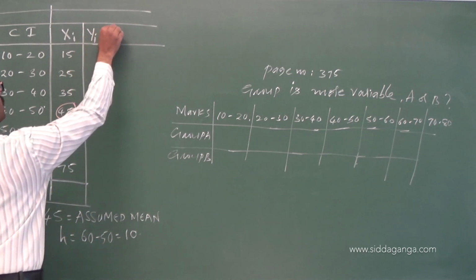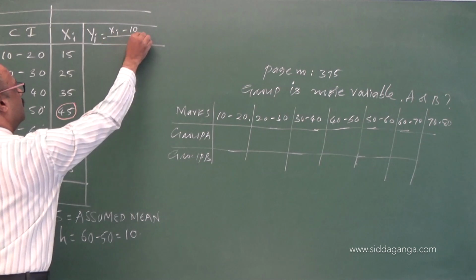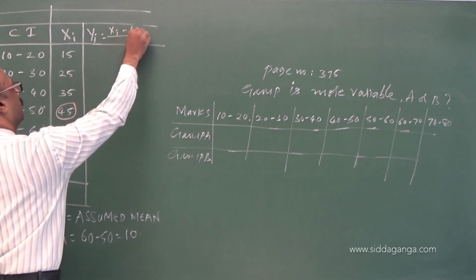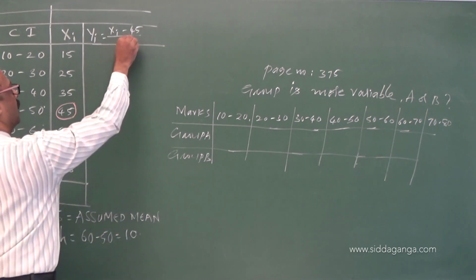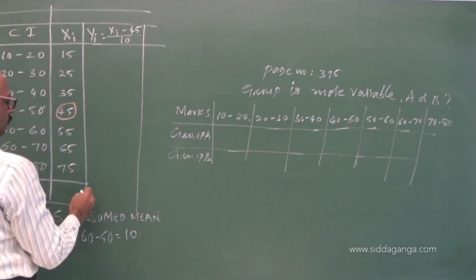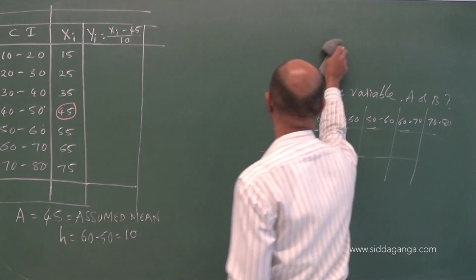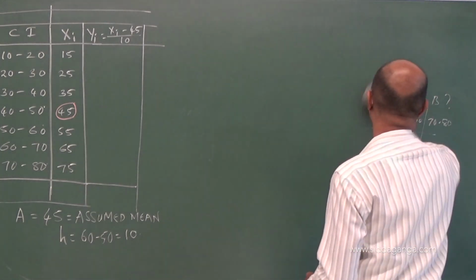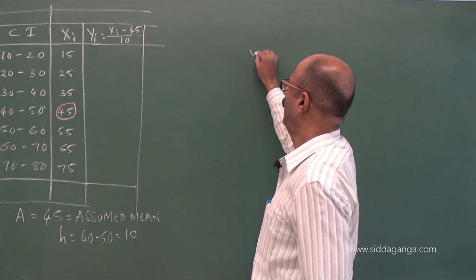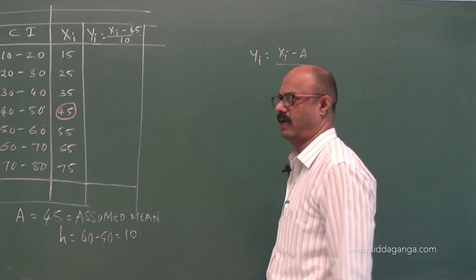Yi is given by xi minus a divided by h. A is 45, h is 10. Yi is equal to xi minus a divided by h is the formula to find yi.